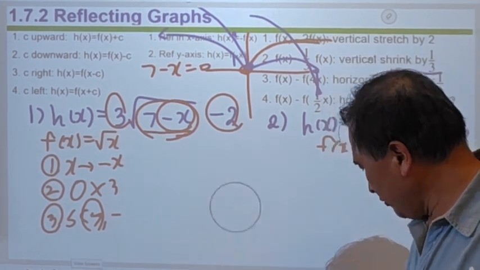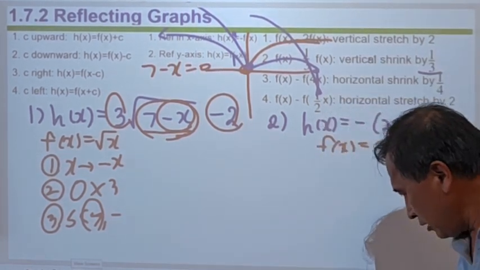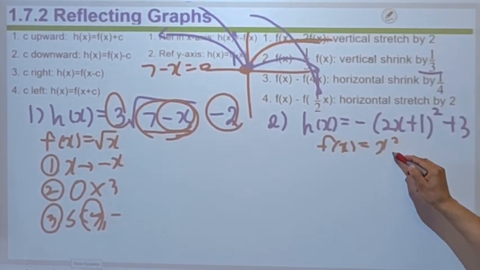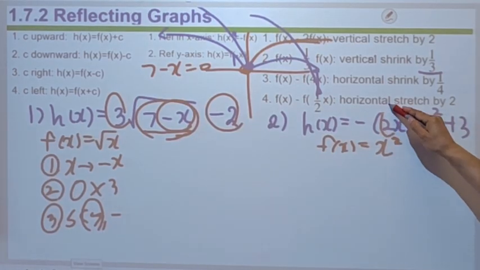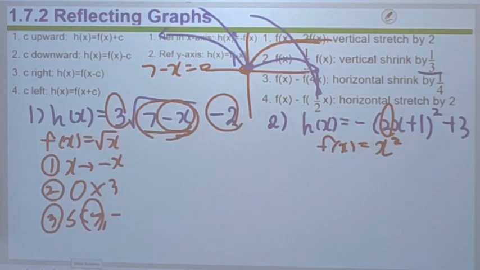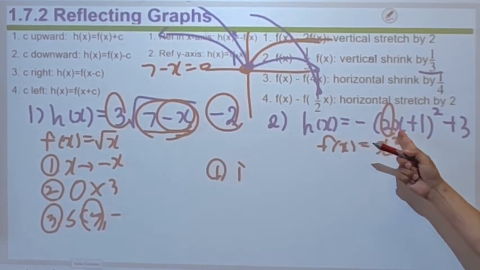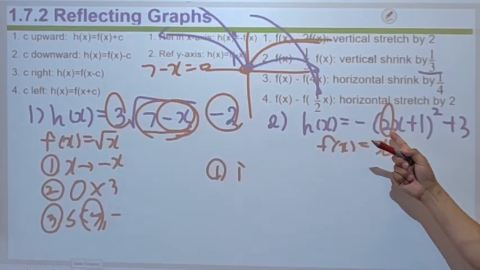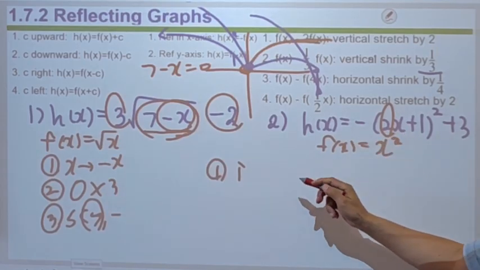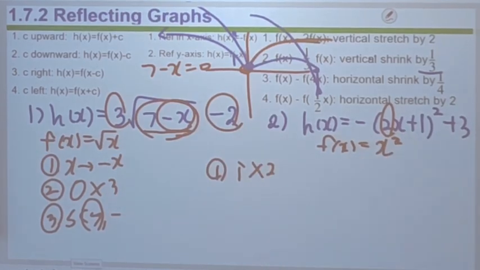The parent function of this was x squared, right? Quadratic function. From there, 2x, right? 2x. So that means inside, because it's inside of the parentheses, right? Inside under the square, and inside times 2.